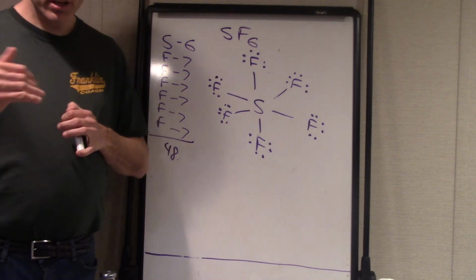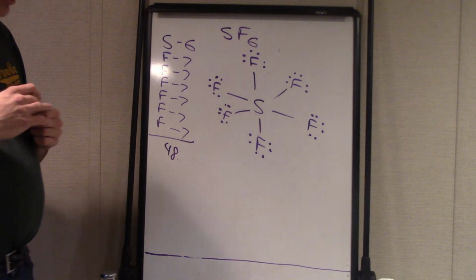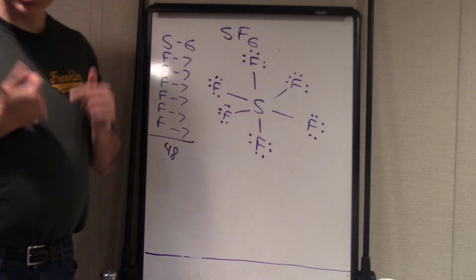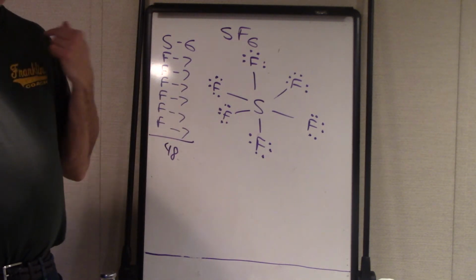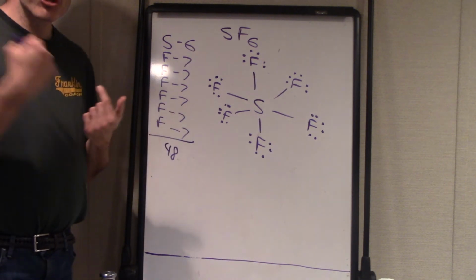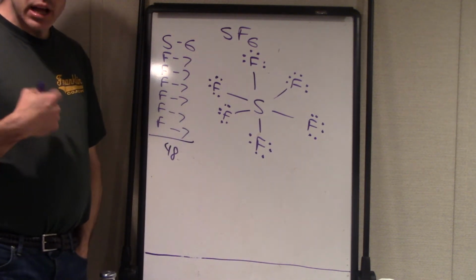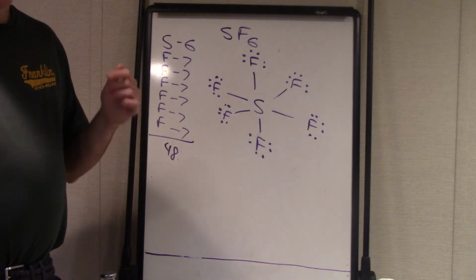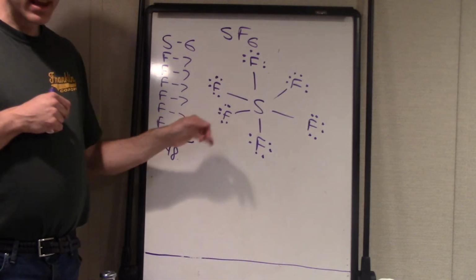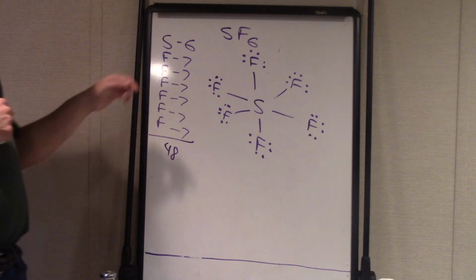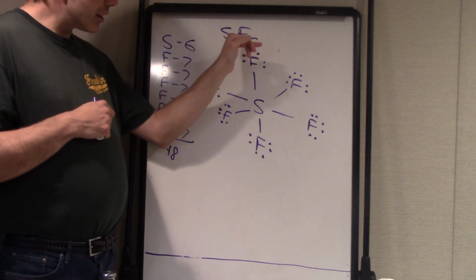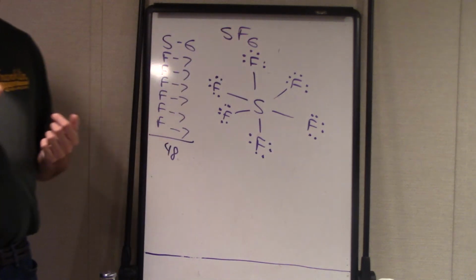So that's okay. The 3rd criteria is it has to be necessary. Just because you can do something doesn't mean you should do that. If there's a way to write this where you do not have an expanded octet, you should go that route and not expand the octet. But here, I very clearly have 6 things bonded to this sulfur.